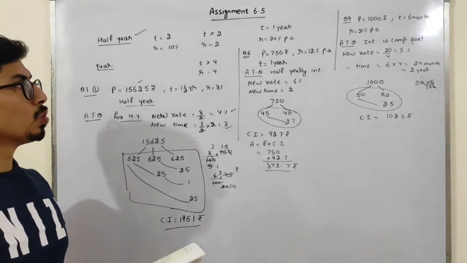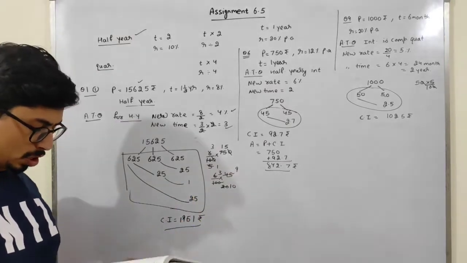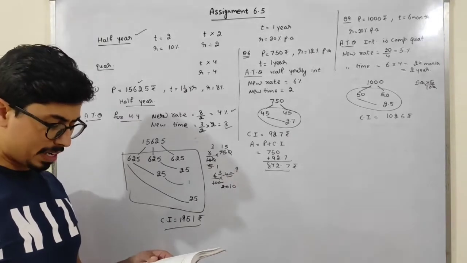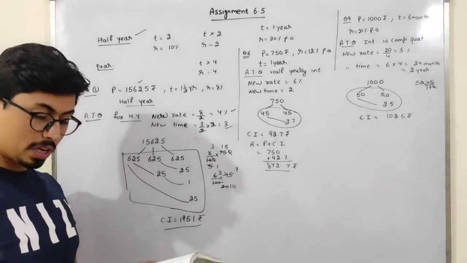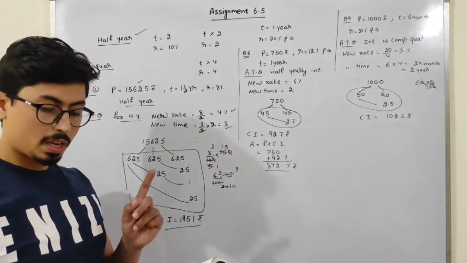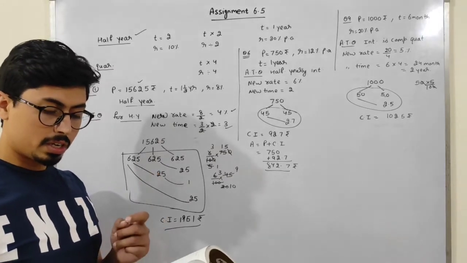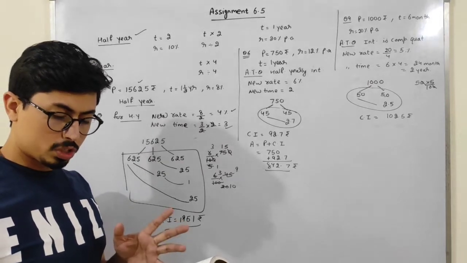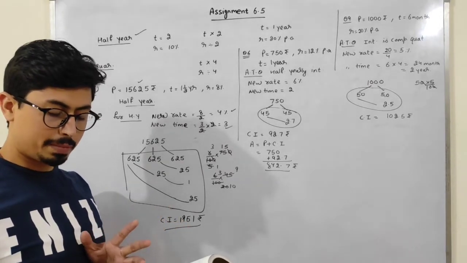Okay. So similarly, students, if we just do the first question, second part, the amount, everything you can find out. And similarly, see question number 8, question number 11, question number 12. These are all same, students. I am discussing few of them.